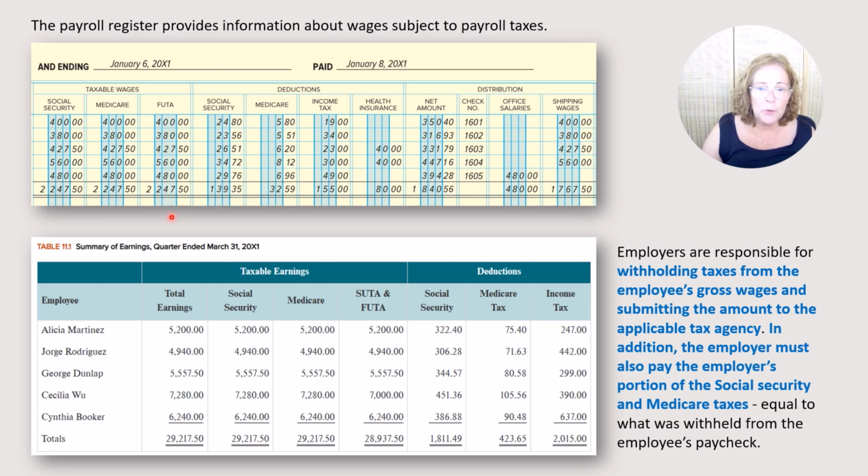Below the payroll register for January 6, we see the quarterly earnings for all employees, for total taxable wages of $29,217.50. If there are pre-tax deductions, the Social Security and Medicare taxable wages would likely be different, but in our example, all taxable wages are the same except for the FUTA and SUTA wages, which have a maximum wage amount of $7,000 per year.